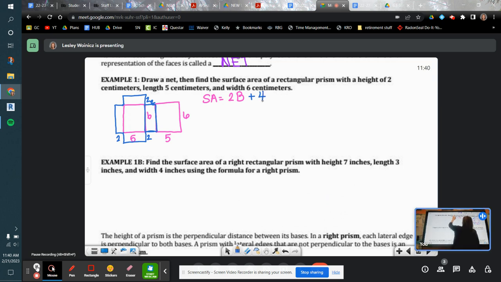Plus 4. Can we call these lateral faces? LF.